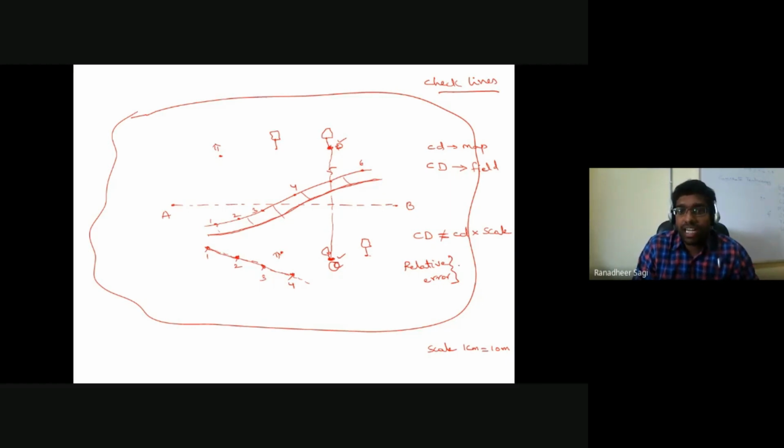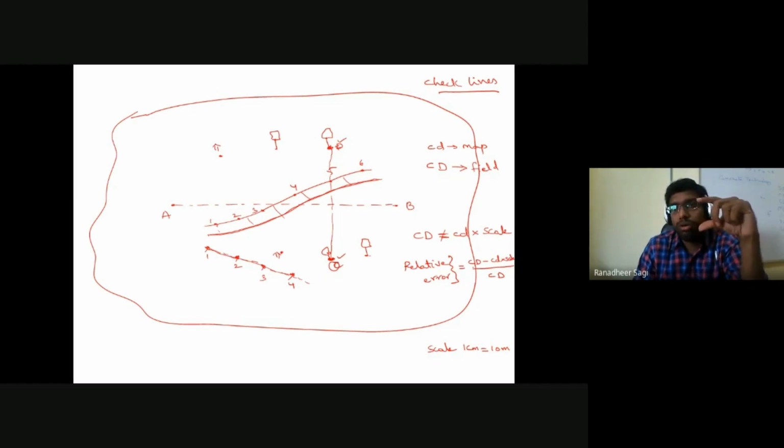So how much is that relative error, if I want to understand? The relative error here is nothing but the original dimension in the field minus the dimension you are getting from your map, divided by the original dimension you are supposed to have in the field. Capital CD indicates the original dimension in the field, minus small cd, the length you are getting between your points in the map.